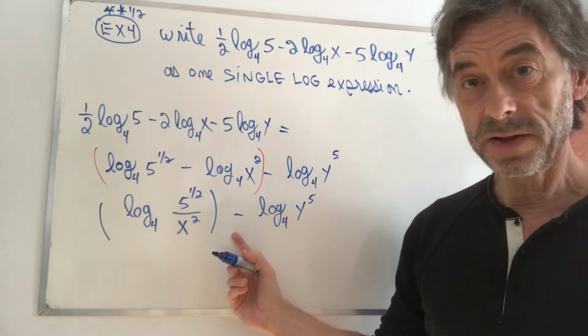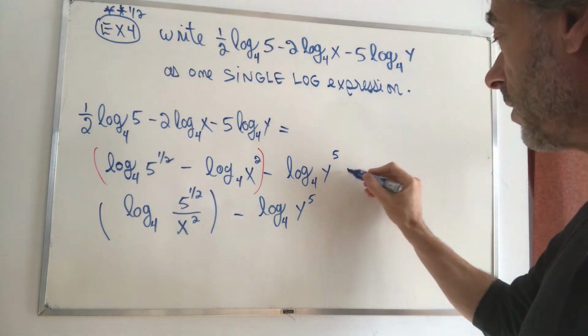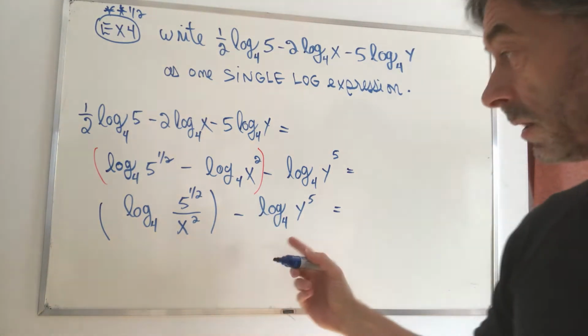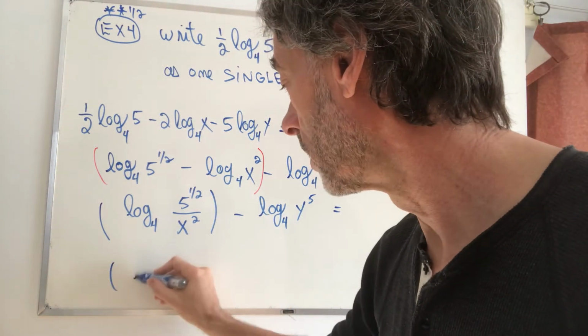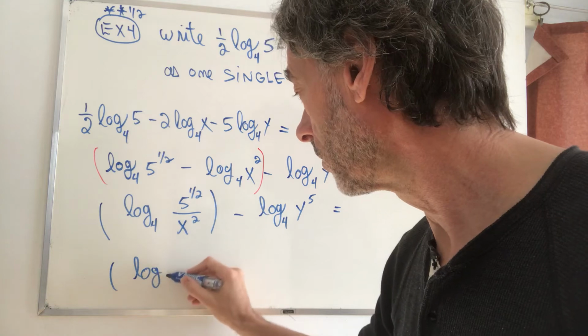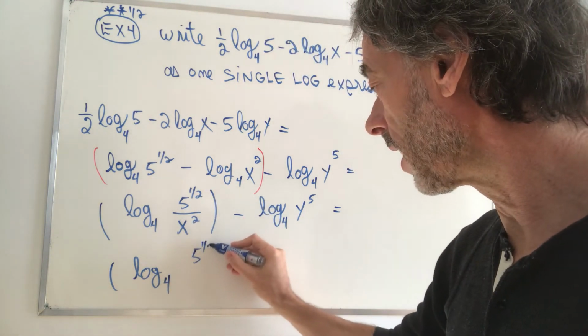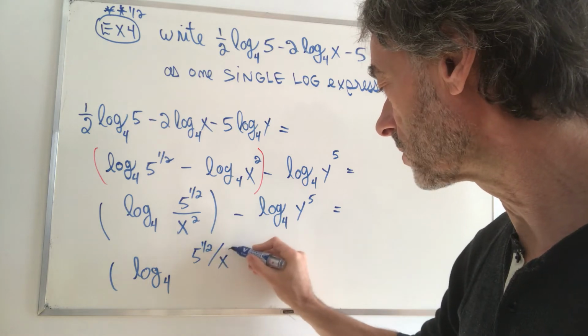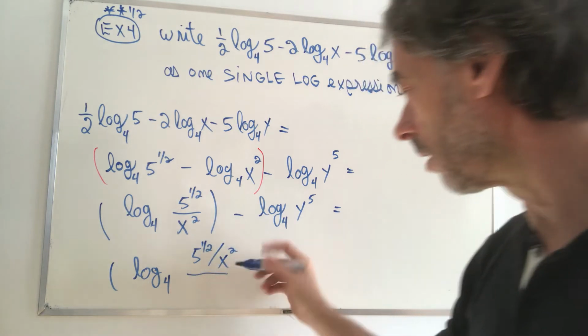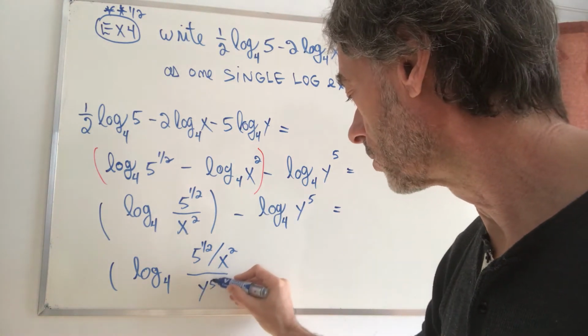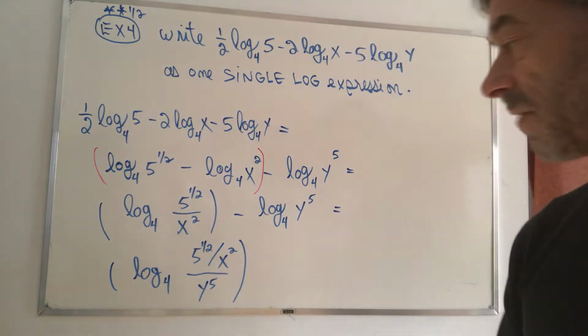And here's another minus. So that means that this is another division. So this is log to the base 4 of 5 to the 1/2 over x squared, all over, because it's a minus, it's a division, y to the 5.